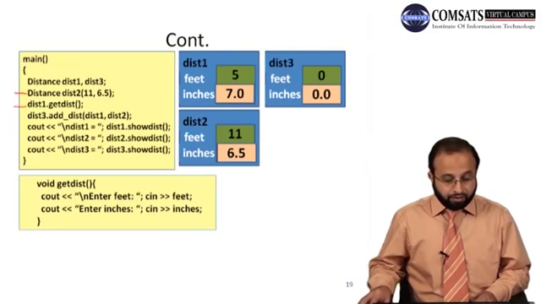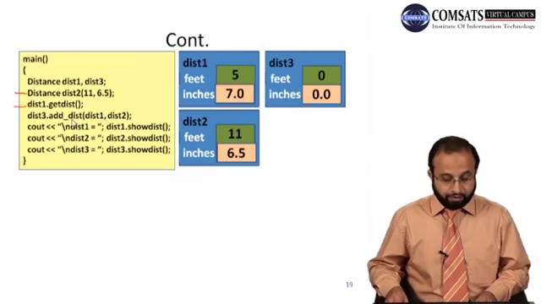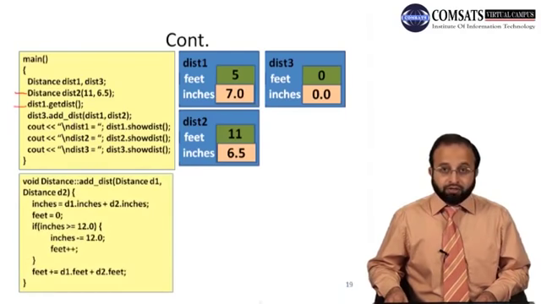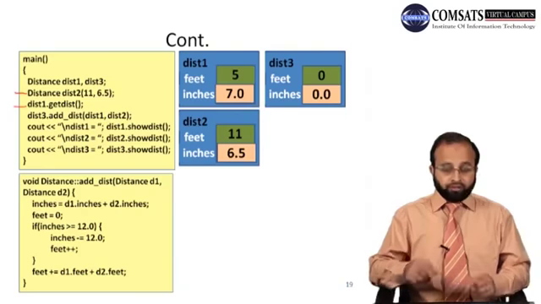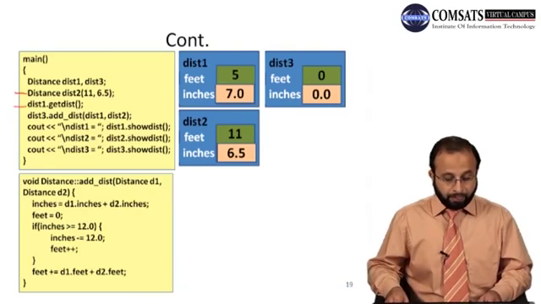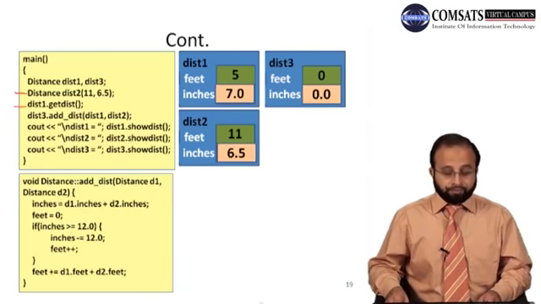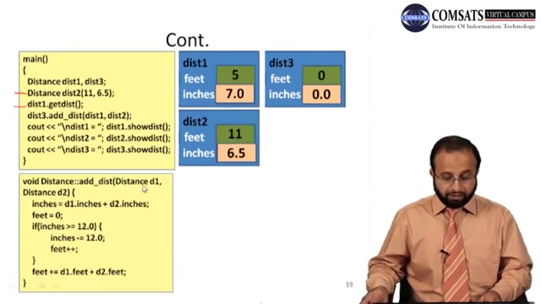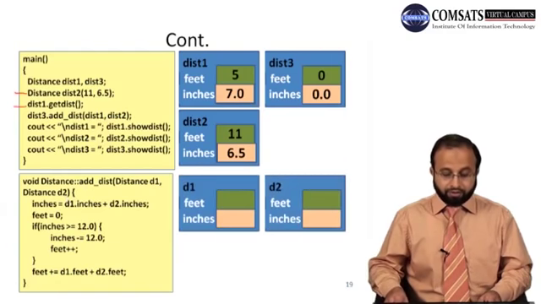And then the next statement is the addDest function. So this is the addDest function. Now this is the call to the function addDest, right? When the function is called, it first creates these two objects, d1 and d2.